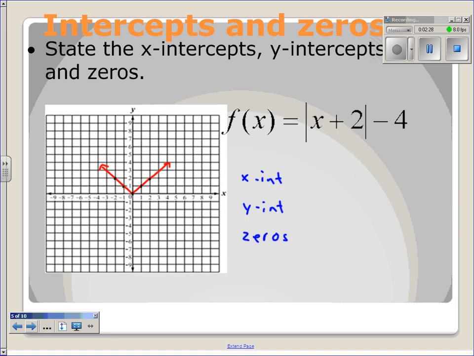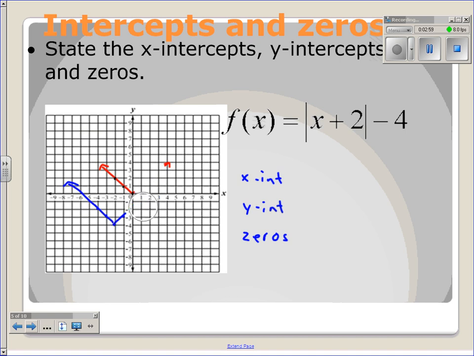So now I have a vertical shift down 4 and left 2. So down 4, I'm moving all 5 of my points down 4, and left 2. Now if I only make my 5 points here, I'm not sure that the x-intercept is clear.